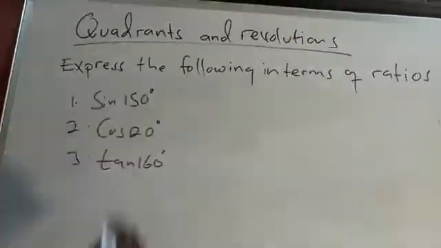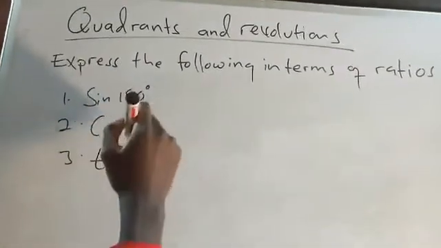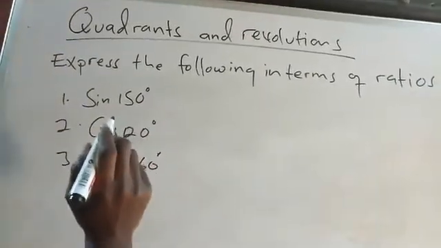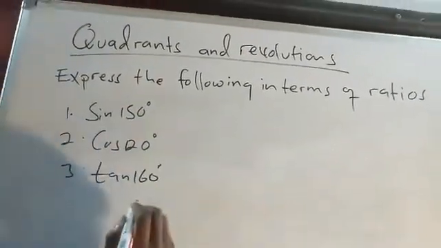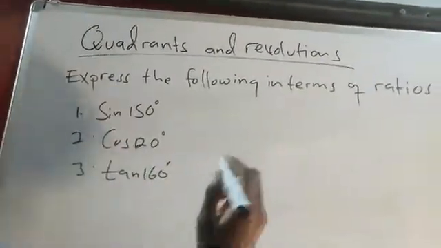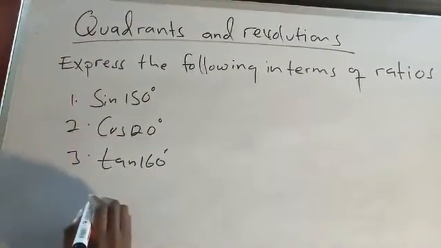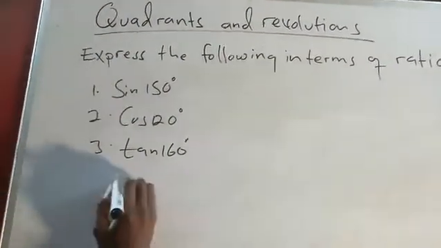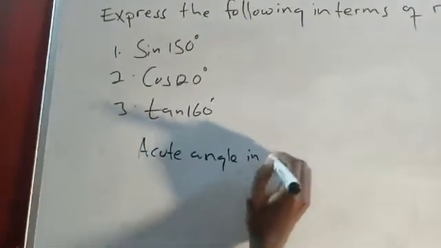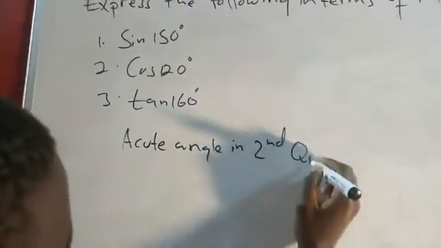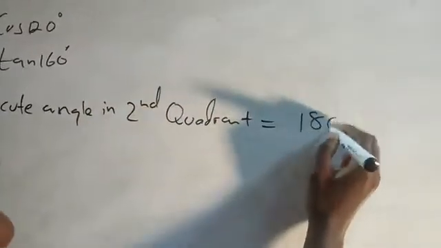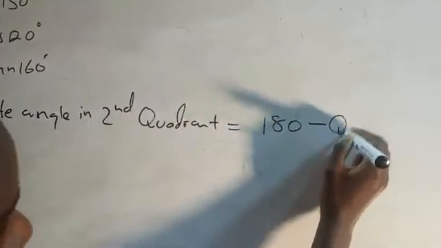When we are estimating angles, these angles seem to fall in the second quadrant. So the acute angle in the second quadrant is 180 minus theta.